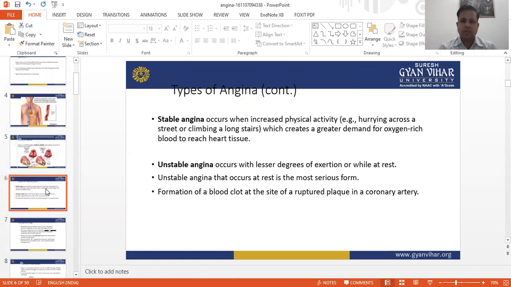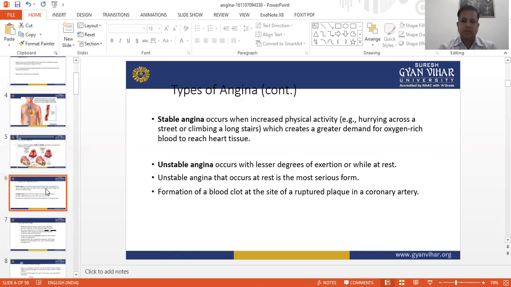Stable angina occurs with increased physical activity, such as hurrying across a street or climbing a long stairway, which creates a greater demand for oxygen-rich blood to reach heart tissue.